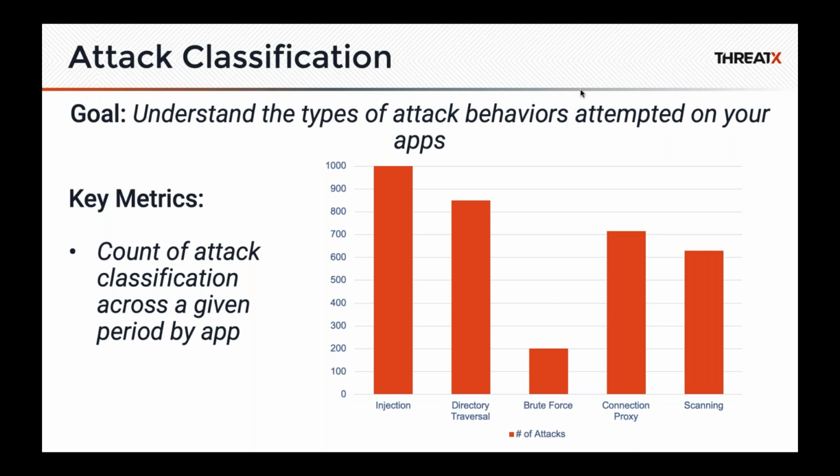There are a lot of reports out there from security vendors publishing what they've seen in the last year, and ThreatX will also be doing the same. But what is probably going to be most effective for you is seeing what your applications are experiencing. That is why I really recommend getting this type of metric over time.